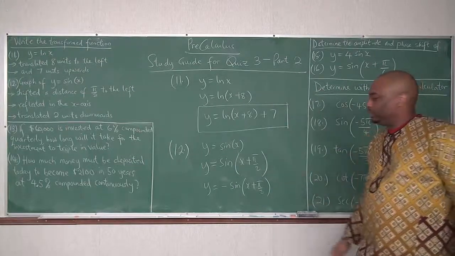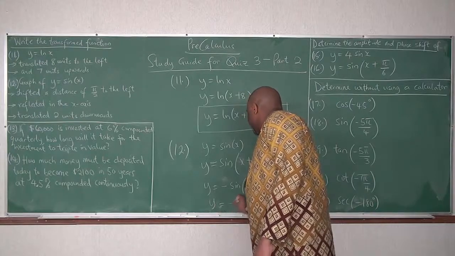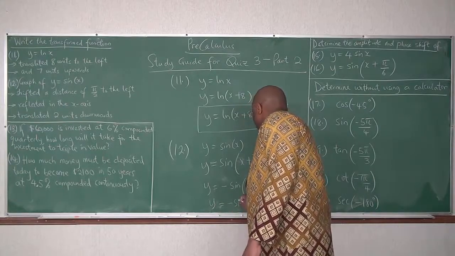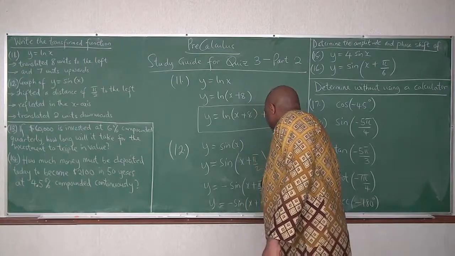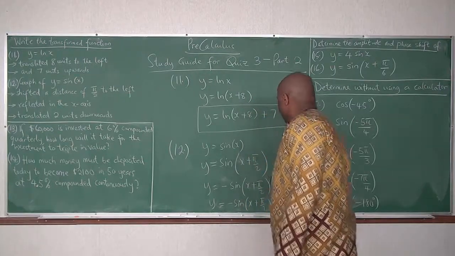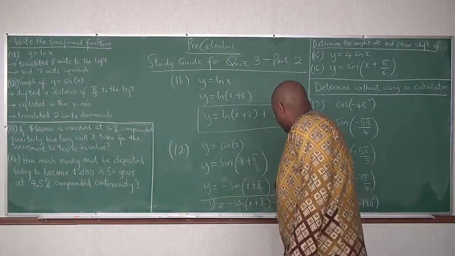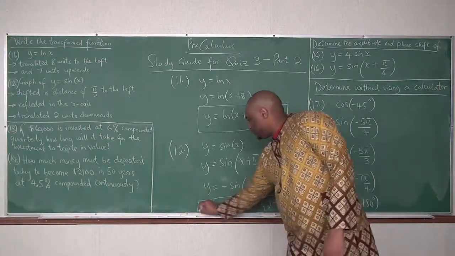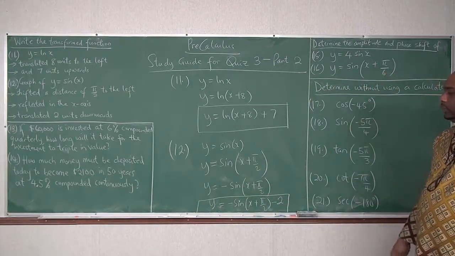That would be y equal to negative sine of x plus pi over 2, then minus 2. And this becomes your answer. That is it.